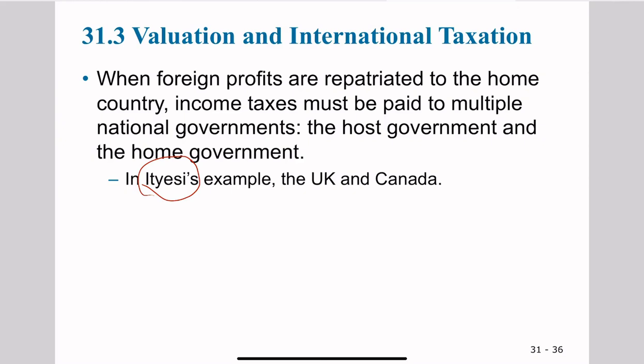So here we refer to the UK government as the host government. The reason is because UK is the host to the Canadian firm's subsidiary, and Canada is the home country because in the end, Yesi is a Canadian firm.